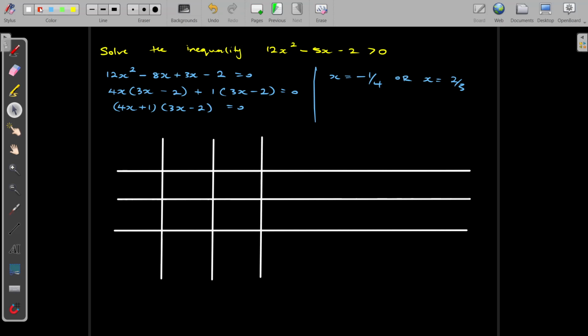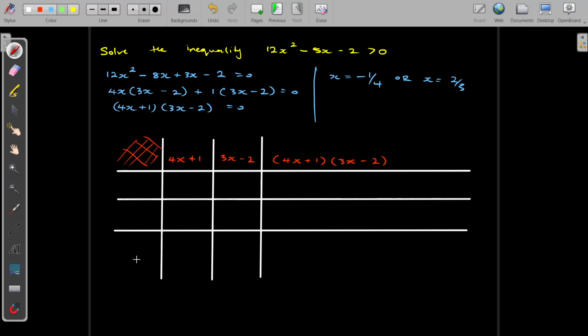Alright, so the factors that we have are 4x plus 1 and 3x minus 2, and then we're going to have a combination of the factors. So nothing will go here. So on the left hand side here, we're interested in the possible solution sets.